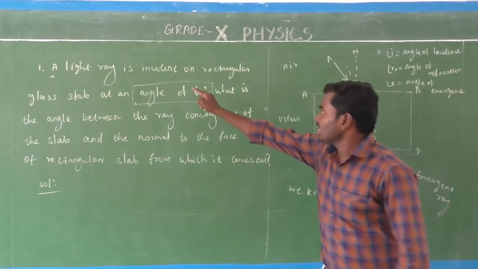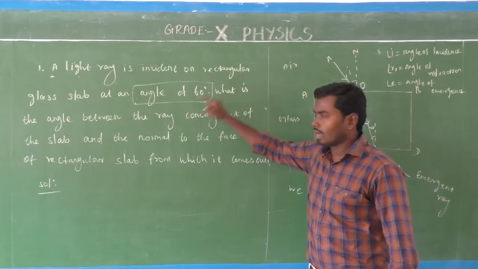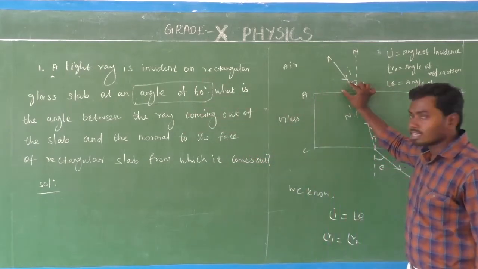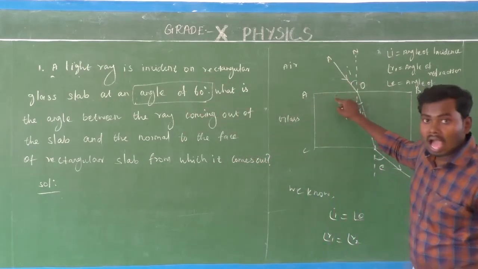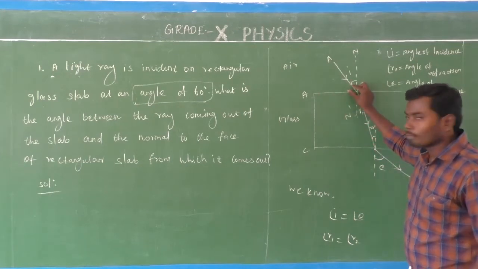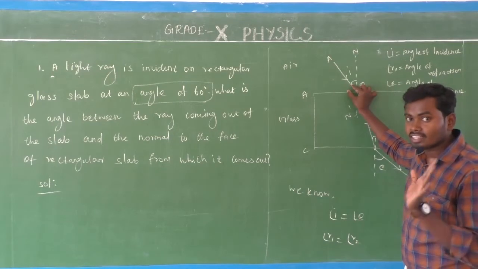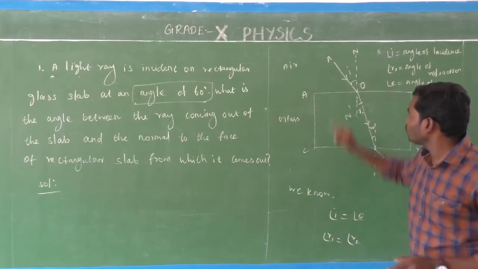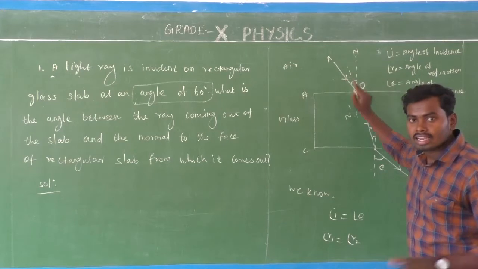A light ray is incident on a glass slab at an angle of 60 degree, which means the angle between the boundary of the glass slab and the incident ray is 60 degree, not the angle between normal and the incident ray.